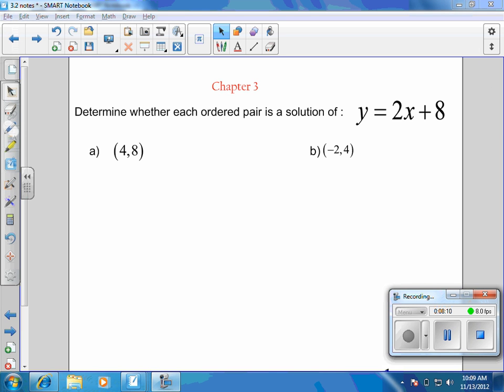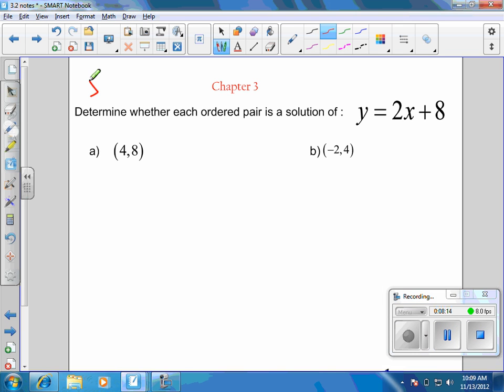Real quick recap, we won't do both of these. This is how your book will ask the questions. They won't have the graph at this point. So even though I just talked about the graph, you show algebraically. So, Will, what should I do?